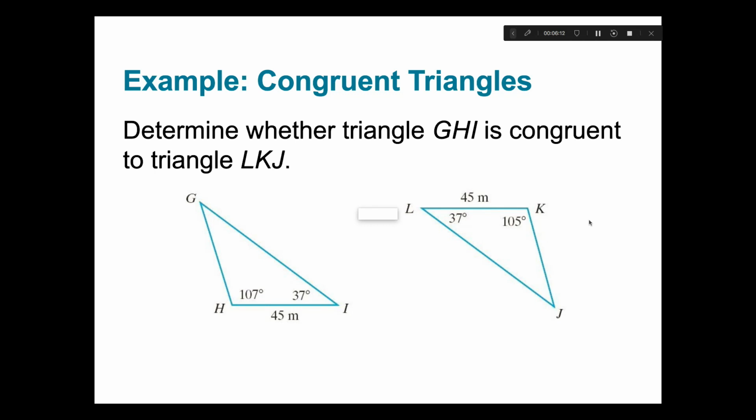They do both have that 37-degree angle, and they do both have a side that is 45. However, one is 107 and one is 105 degrees for my third angle. So we know using that angle-side-angle theory that they are not congruent triangles.